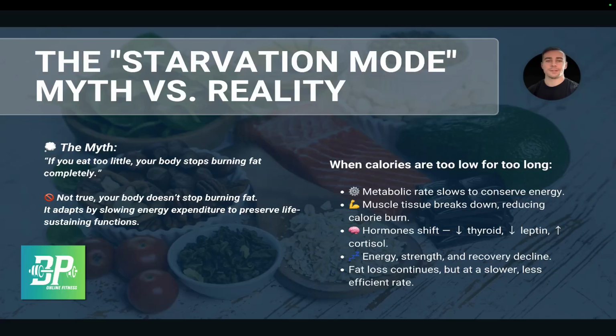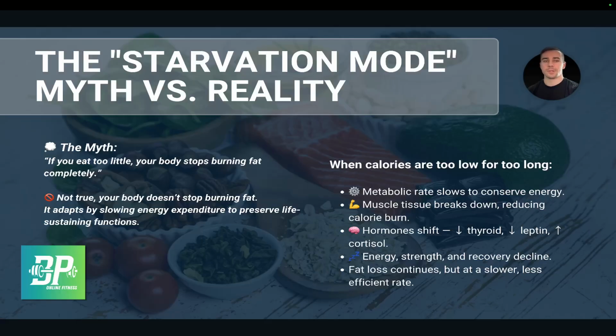Hormone shifts are going to lower thyroid and leptin, but increase cortisol, which is not a good thing. Cortisol is a stress hormone, and you can get an increase in cortisol if you're not getting enough sleep or if you're constantly stressed. There are a lot of things that can influence increases in cortisol.